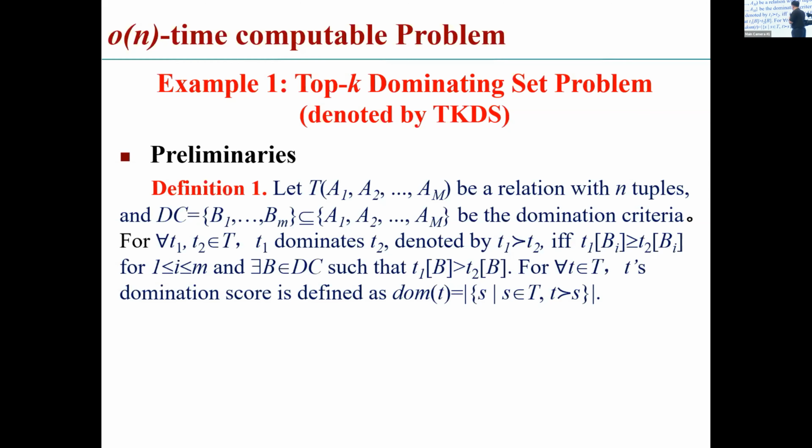For any t in T, t's dominating score is defined as dom(t), which is the number of tuples that t dominates. Okay.